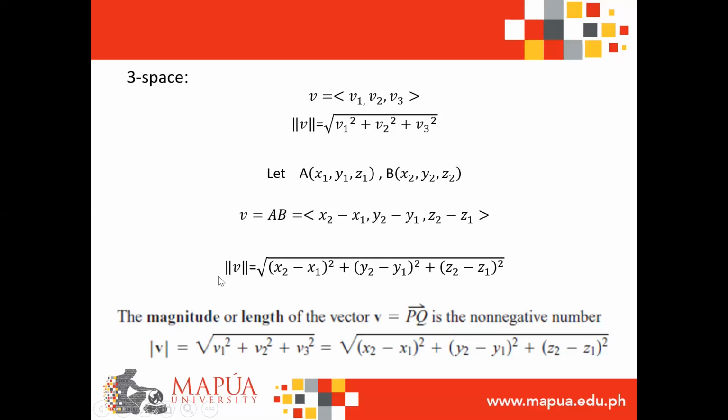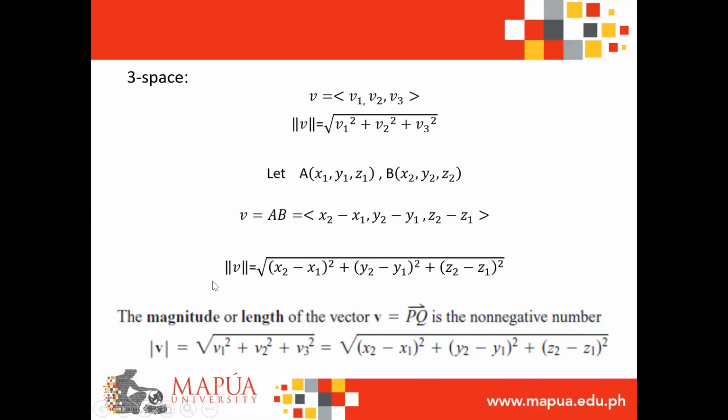And in getting the magnitude of your vector v with this symbol, the double absolute value sign, it is now the square root of quantity x2 minus x1 squared plus quantity y2 minus y1 squared plus quantity z2 minus z1 squared. Then the magnitude or length of the vector v equals PQ is a non-negative number.